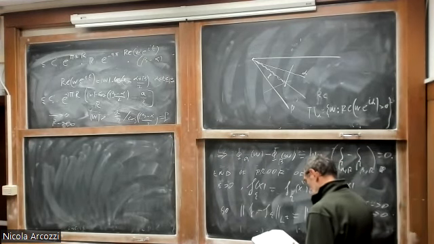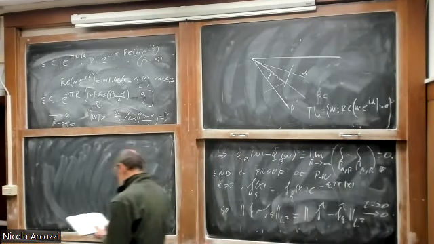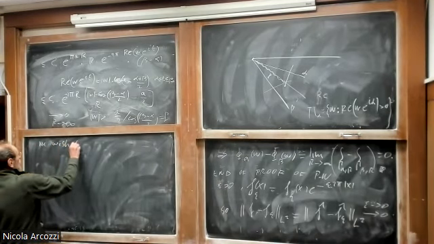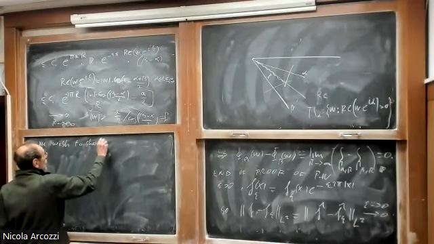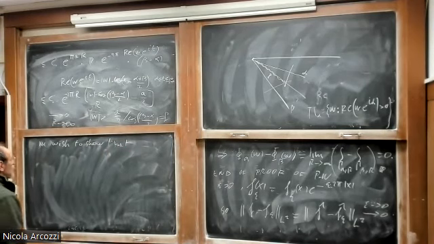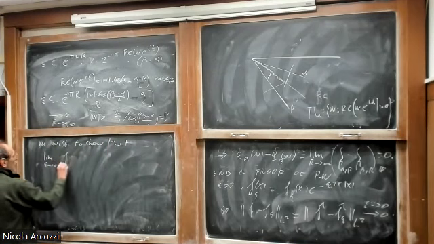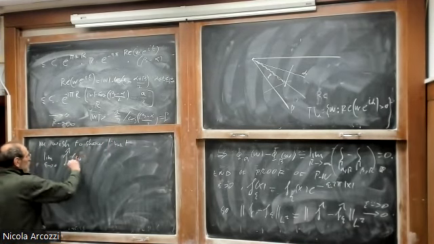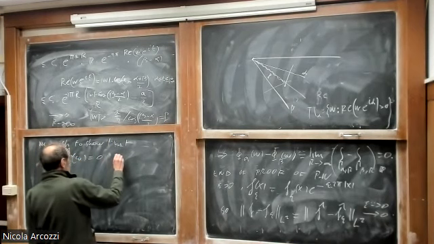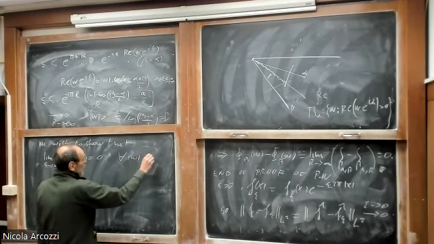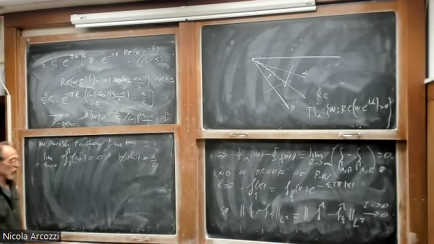And we wish to show that the limit as epsilon goes to 0 of f epsilon hat of omega is equal to 0 for all omega bigger than a over 2.